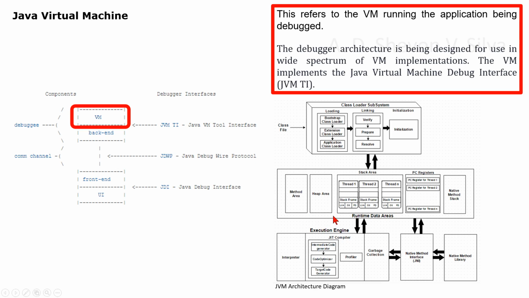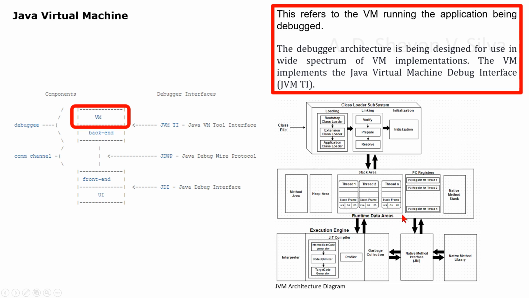Heap area: the objects and their corresponding instance variables and arrays will be stored here. There is also one heap area per JVM. Since the method and heap areas are shared by multiple threads, the data stored is not thread safe.